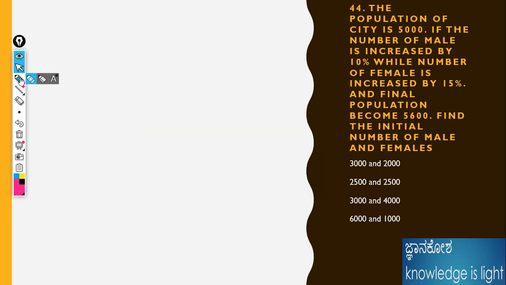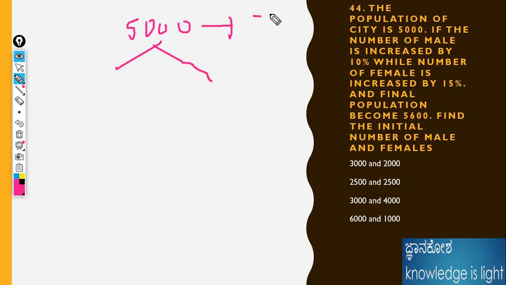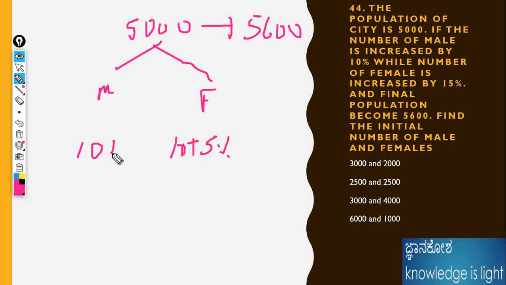Okay, the next one is the same kind of problem. The population is 5,000 here. See, this was the same kind of problem. I would solve it by the same method. I will not at all take the long method. 5,000 is the initial, the final population is 5,600, male and female. This is the same percentage. I would write it as 10 plus 5%. For 10% of the initial population, that is 500. The difference between final and initial is 600, minus 500.